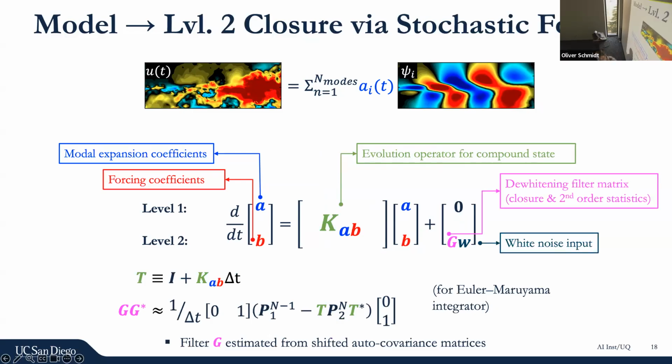So we will model this residual via a white noise input that goes through a de-whitening filter that gives us exactly the right statistics we need to drive our system to get some physical outputs.